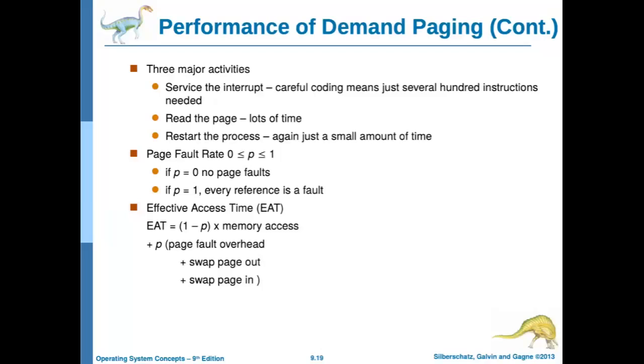If P is equal to 1, that is the case where every reference is a fault. In that case, it is P multiplied by the swap page out time, the swap page in time, and the page fault overhead. So that is the effective access time.